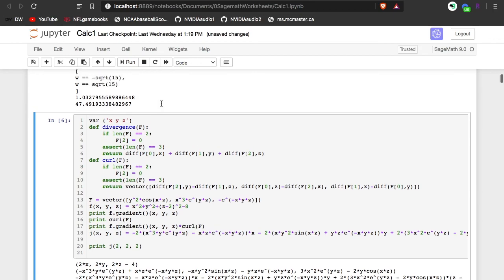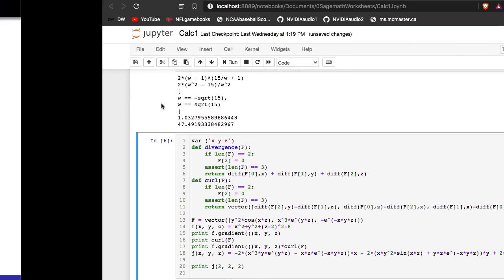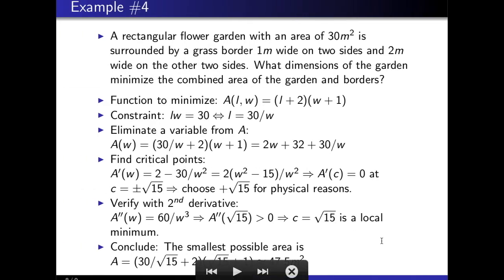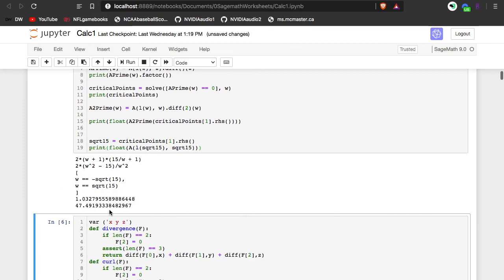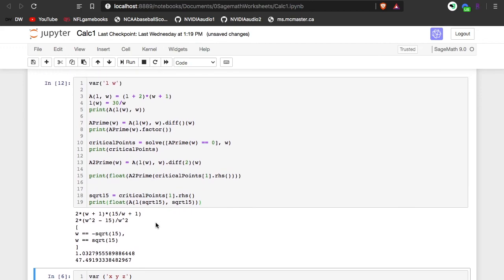There we go. Okay, so about 47 and a half, and that's exactly what we found, that the smallest possible area we could get was about 47 and a half square meters, and that's what we wind up with for our final answer. All right, so it also gives us a nice illustration of how we could use Sage to help us solve some of these kinds of problems.